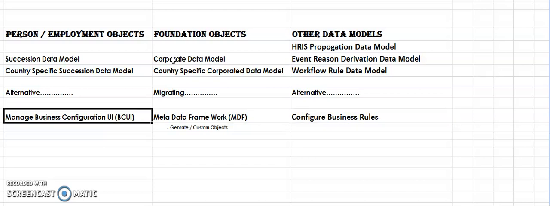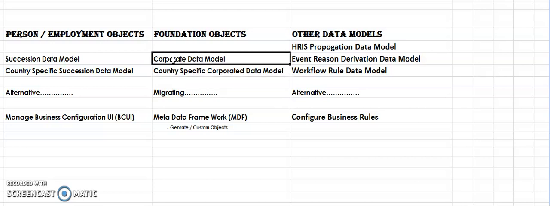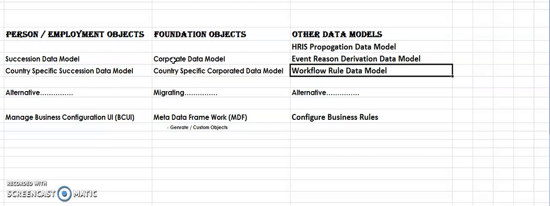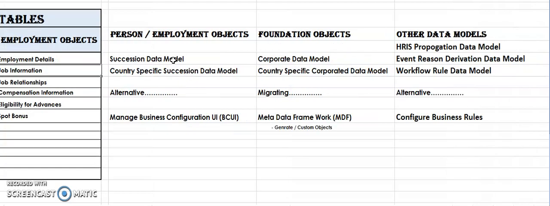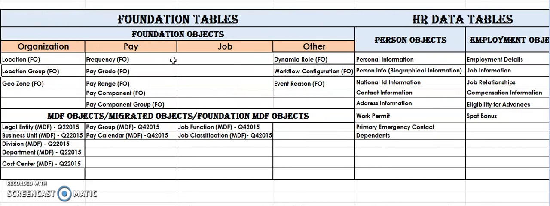So ideally speaking, we use the data models only for foundation objects, that is the corporate data model and country specific corporate data model. For all the other 5 data models, we have an alternative option provided by SuccessFactors. So that's all about the various objects present in Employee Central.